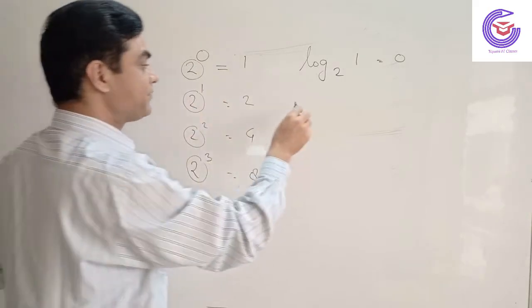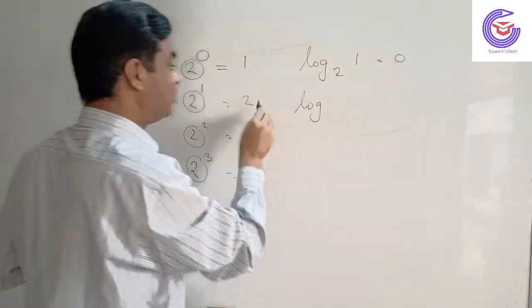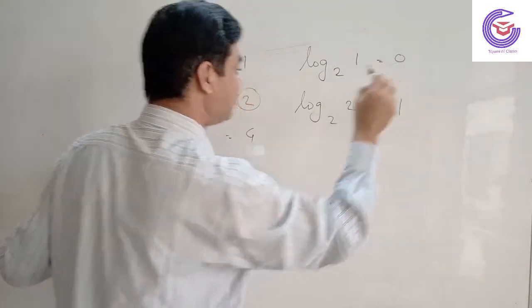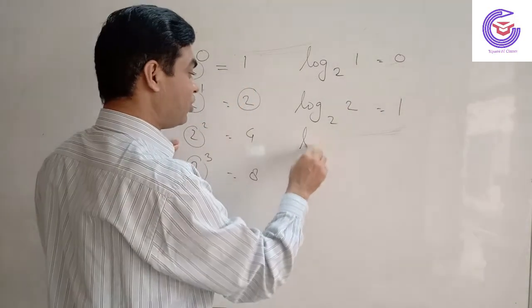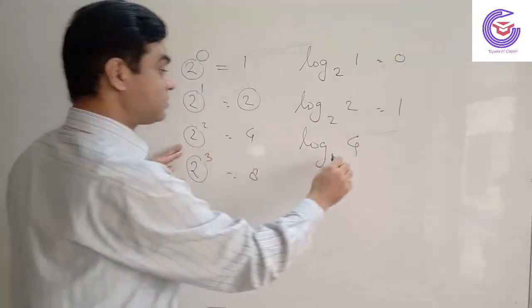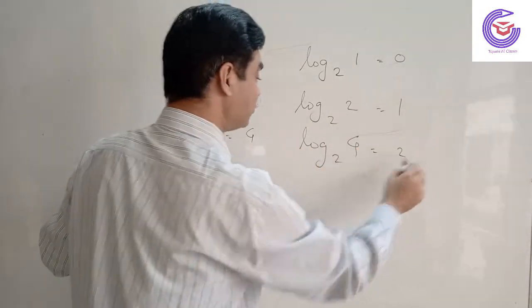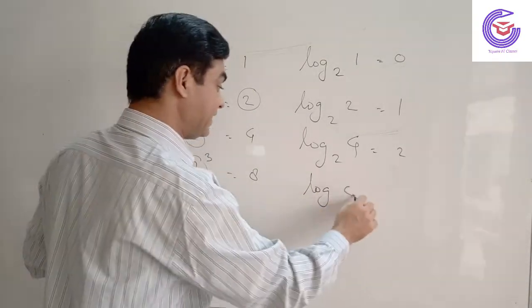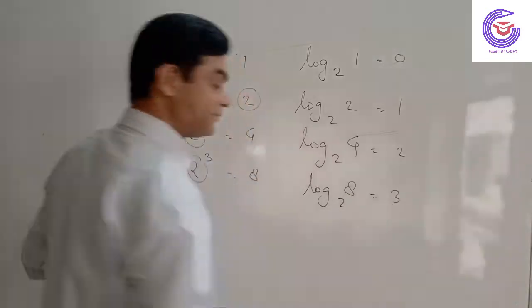In this case, log 2 base 2 is equal to 1. Log 4 base 2 is equal to 2. And the last one, log 8 base 2 is equal to 3.